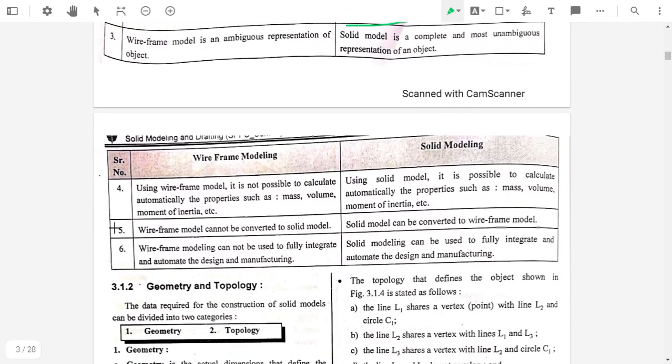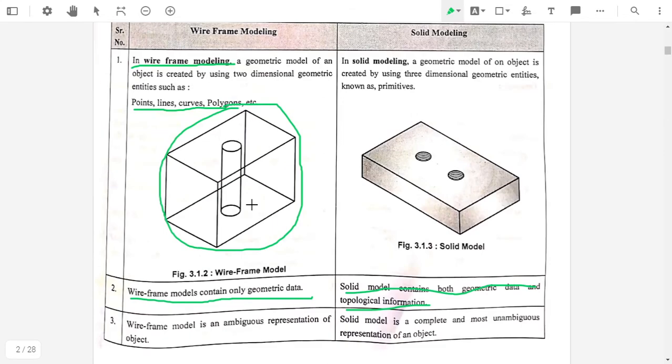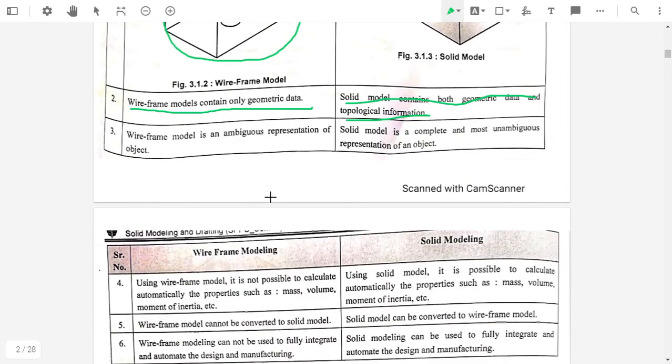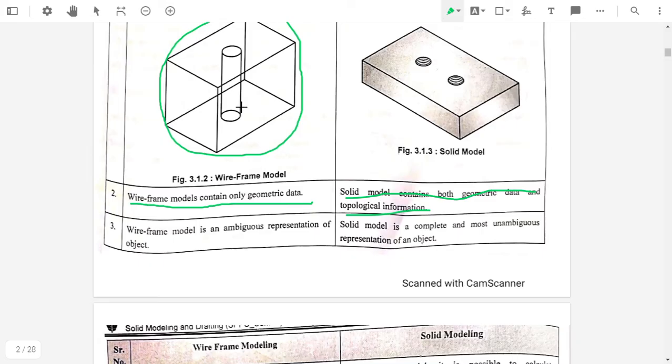So the next difference is, using a wireframe model, it is not possible to automatically calculate properties such as mass, volume, moment of inertia, etc. If we consider this image, after seeing it we cannot calculate properties like mass, volume, or moment of inertia of the object.